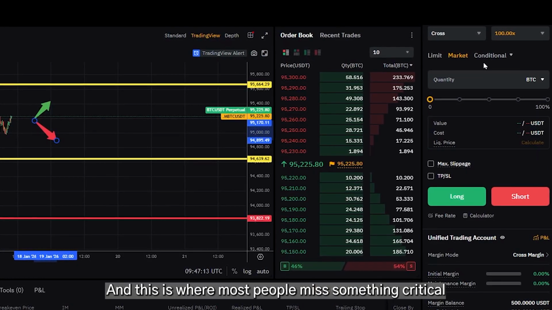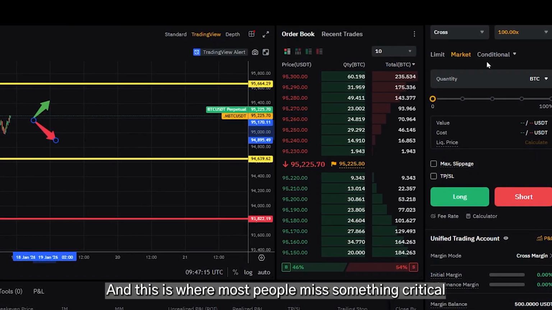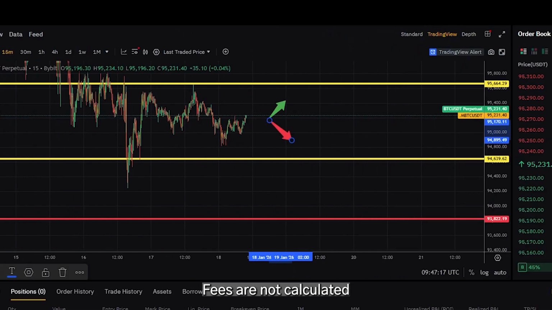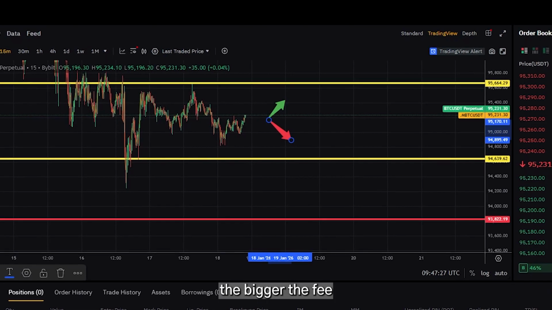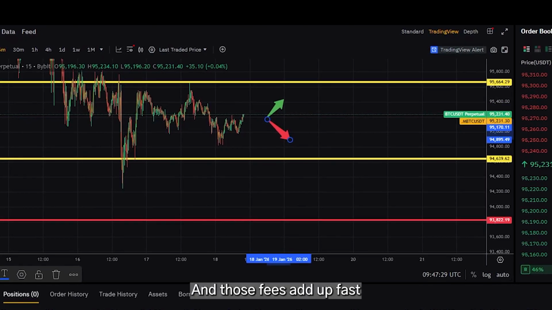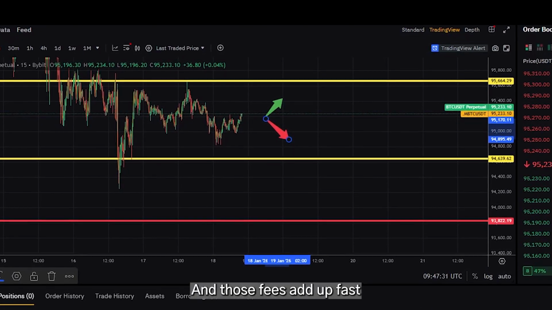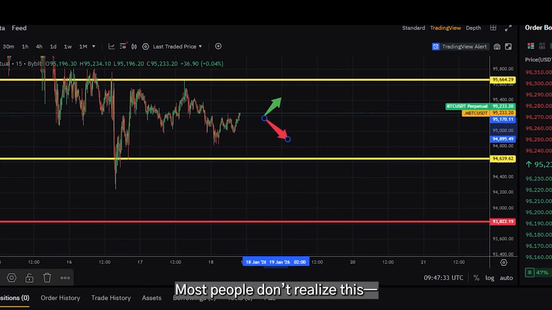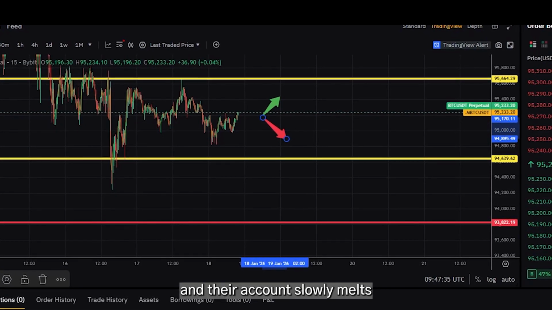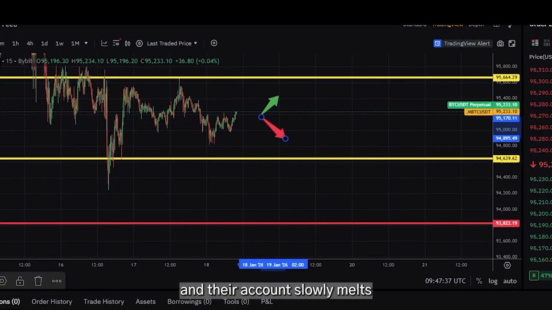And this is where most people miss something critical. Fees are not calculated based on the money you deposit. They're calculated based on the full position size. The higher the leverage, the bigger the fee. And those fees add up fast. Most people don't realize this, and their account slowly melts.